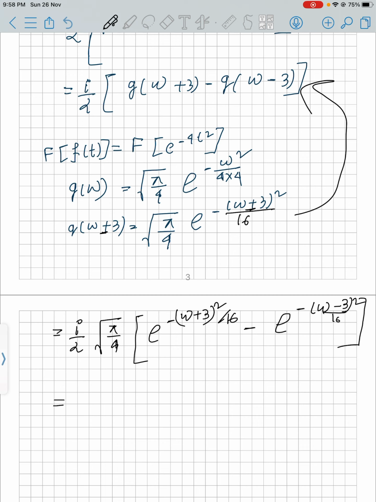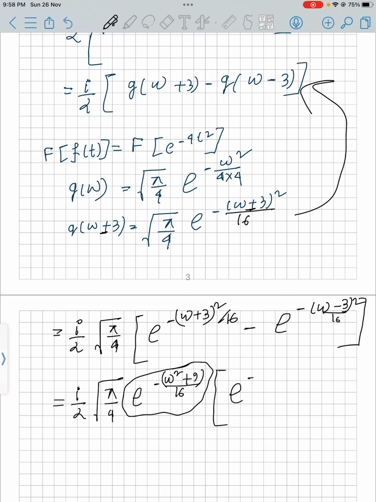I will simply take the common term e to the power minus (omega square plus 9) by 16, and the 2ab part we will take only this term common. The other will be e to the power 3 omega by 8 minus e to the power minus 3 omega by 8. So what will this be? This is a hyperbolic function, sine hyperbolic function.